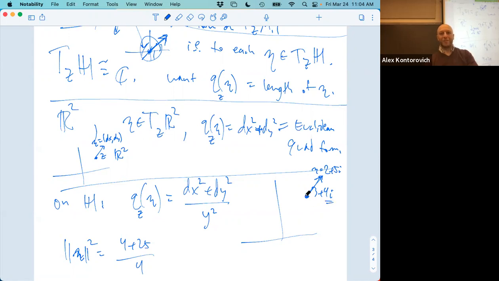The y is the y of the base point, so we have a different quadratic form. Maybe it's better if I write this as the imaginary part of z. The denominator does not correspond to eta, it corresponds to z. The dx and the dy correspond to eta. Does that make sense?